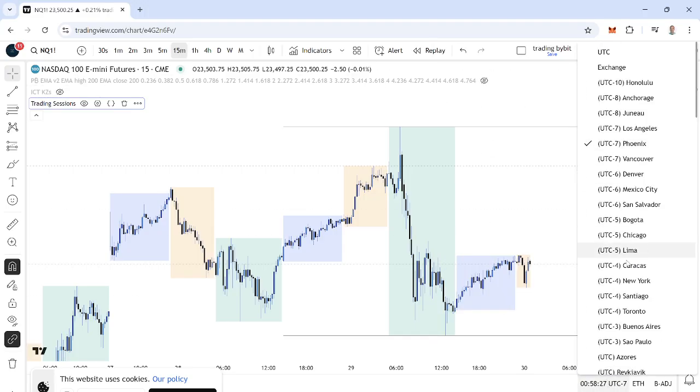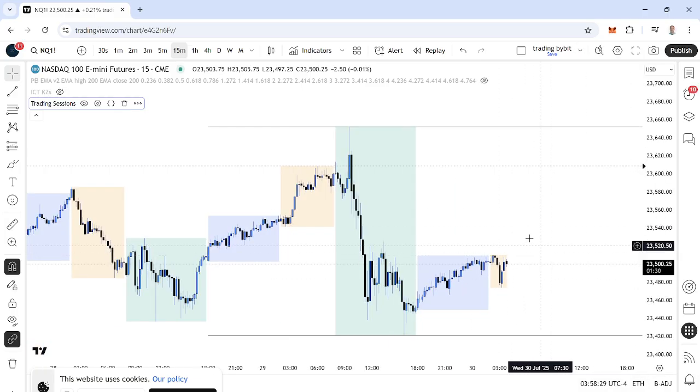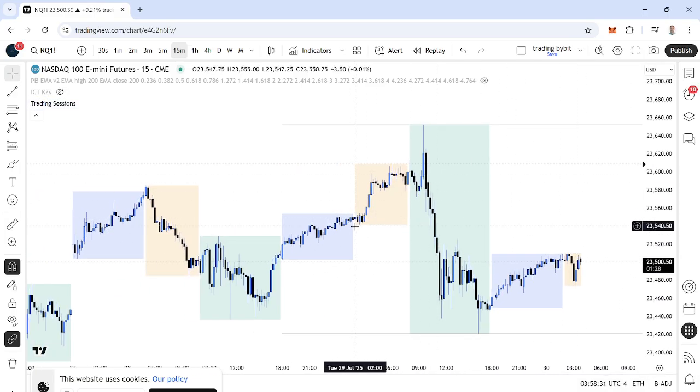I'll put it for a second on New York time zone, so I'll actually go over it. London session goes from 2 to 7:45, so that means 8 actually. I'll write it down here too.